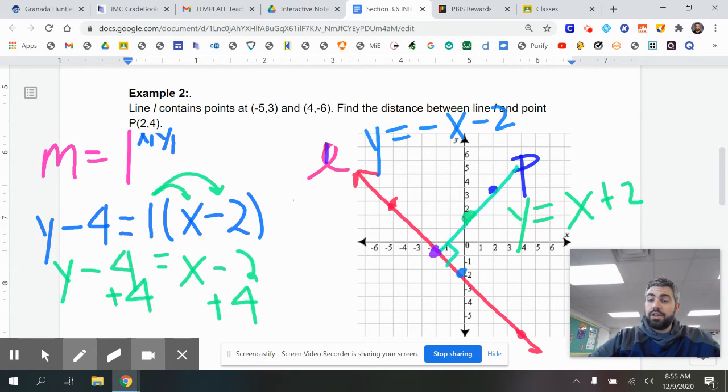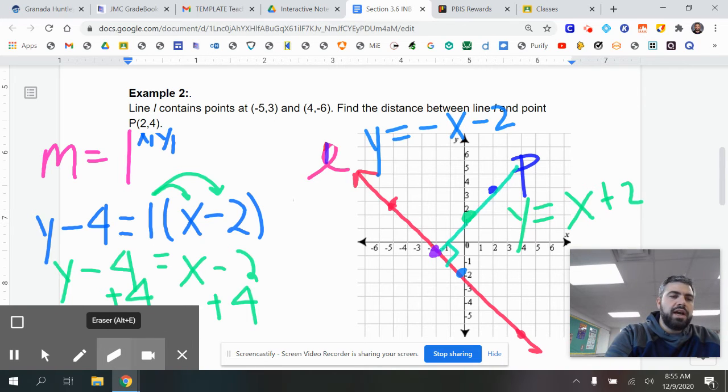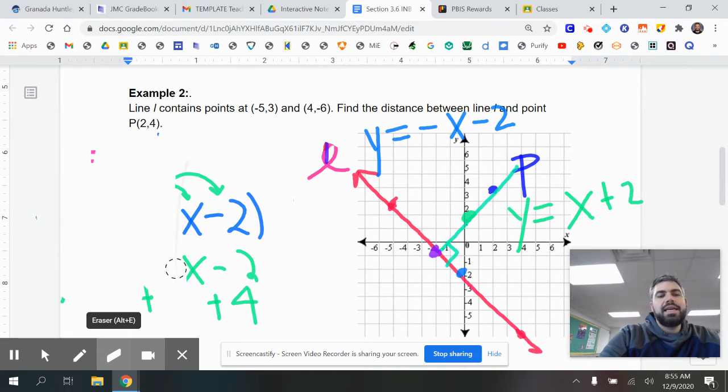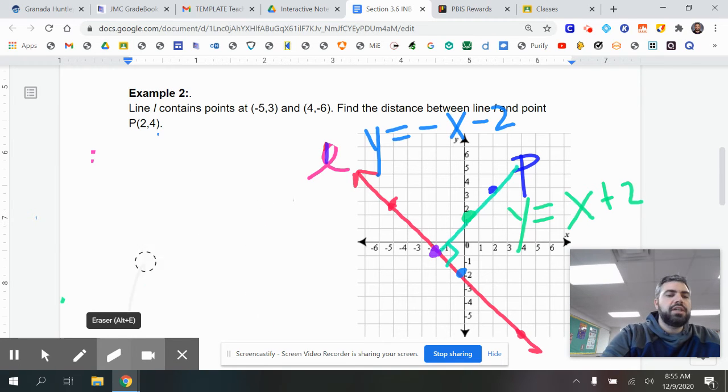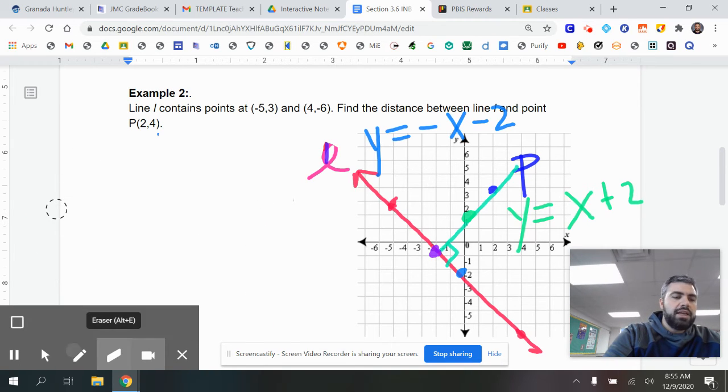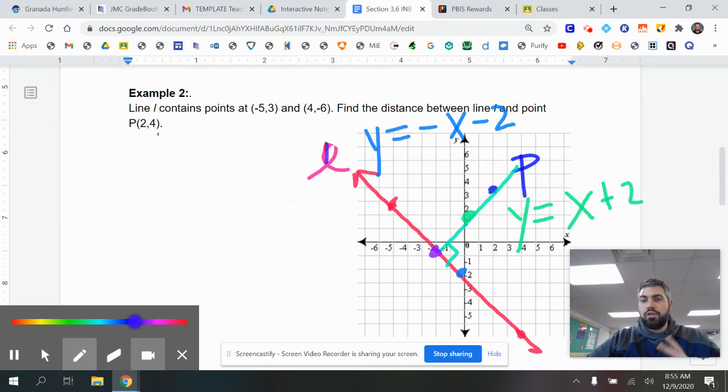So now we have the equation of two lines, right? Our job now is to find their point of intersection. Where do those two lines meet? Think back to earlier when we had systems of equations: we set them equal to each other.